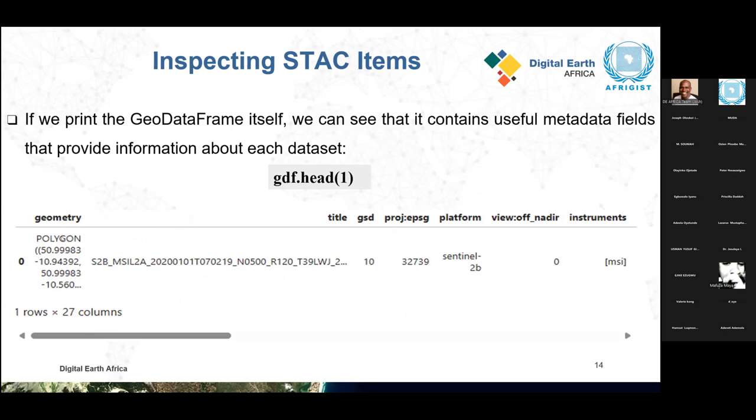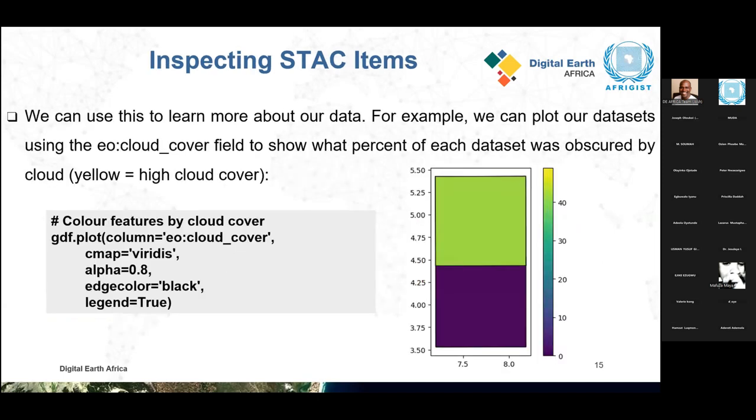You have the geometry here, you have a polygon, you have the title here that gives you the indication about the product, you have the GSD, the ground sampling distance, and you have the projection, the EPSG, you have the platform, which is Sentinel-2, the view off nadir, and the instrument is the multispectral instrument. We can use this to learn more about our data.